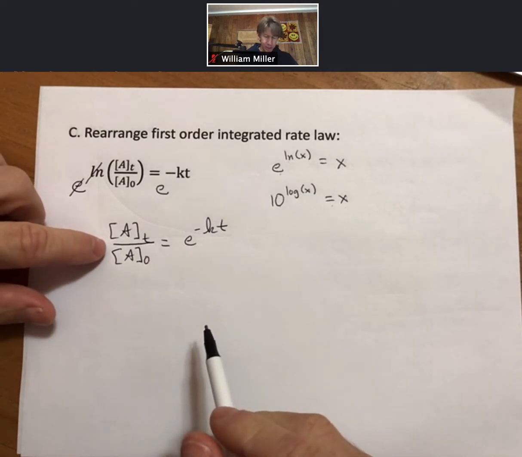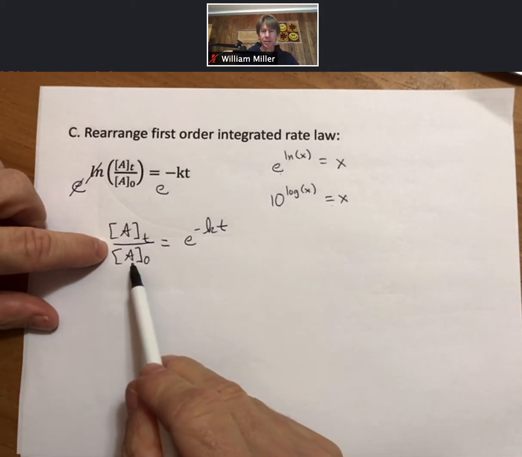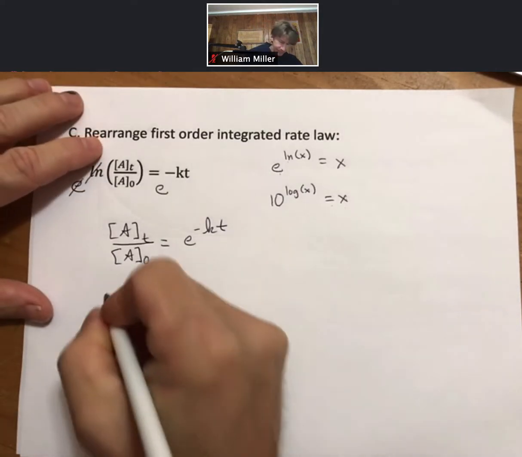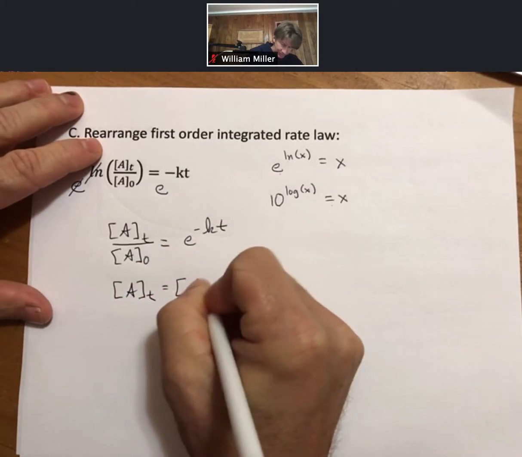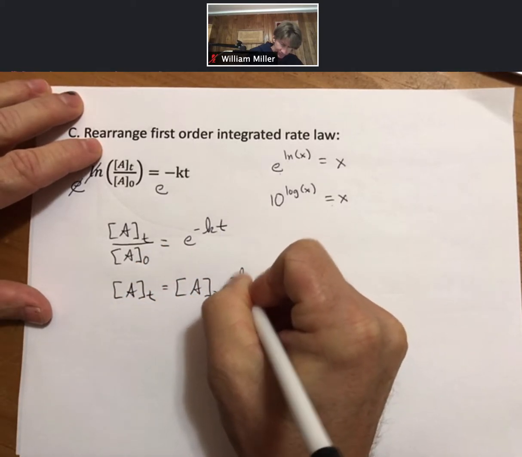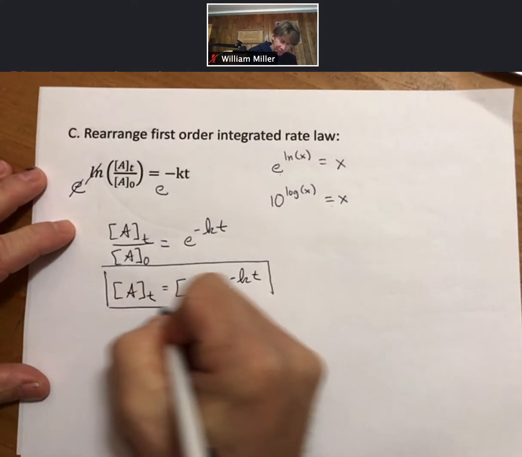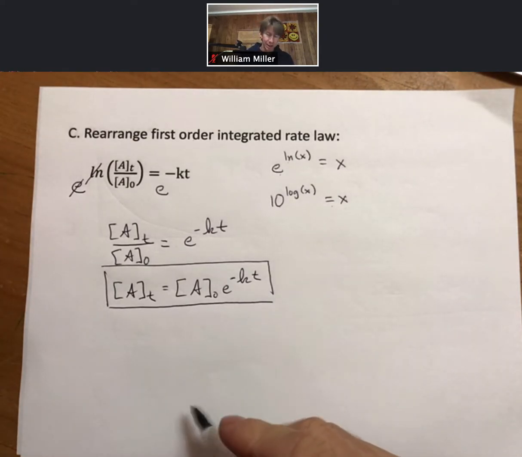And one other thing we'll do, we will now move the concentration of A at time equals 0 up to the top on the other side. And this is a very useful version of the first order integrated rate law.